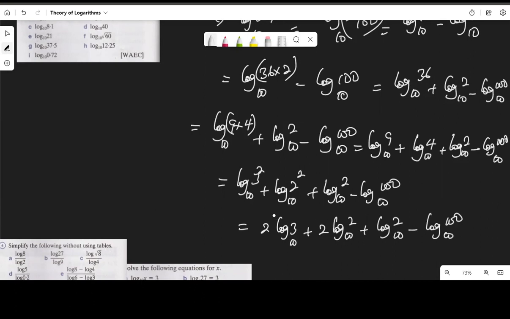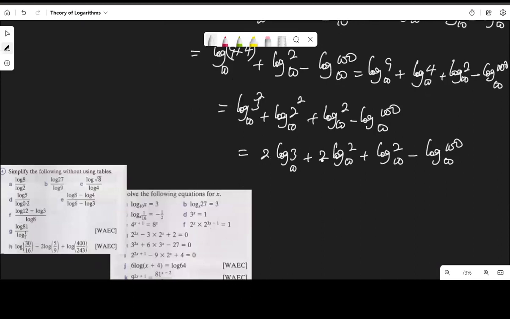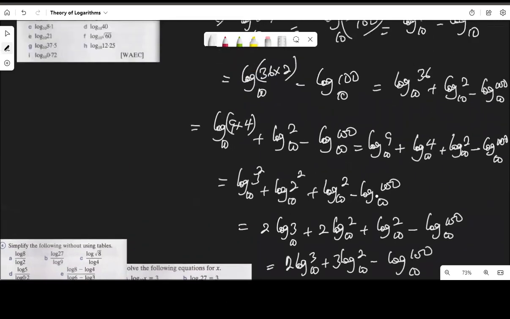The log 2 terms can be added, since both of them are log 2 to base 10, that is 2 plus 1, so 3 log 2 to base 10, minus log 100 to base 10.